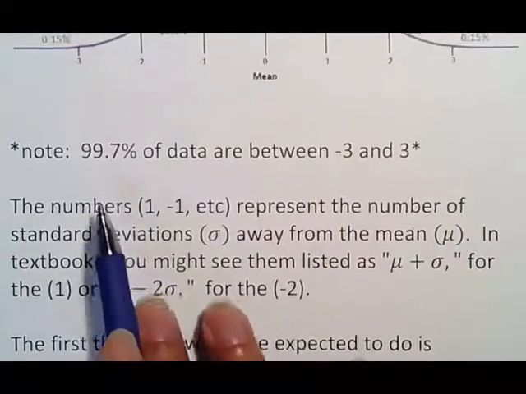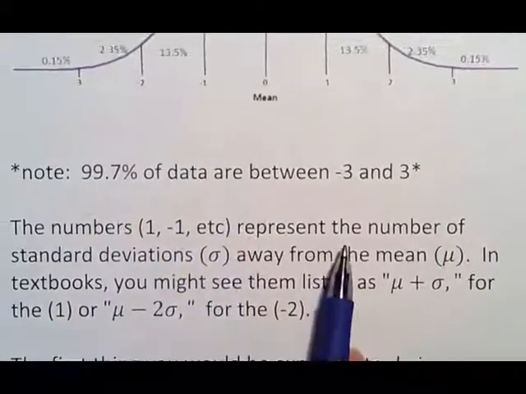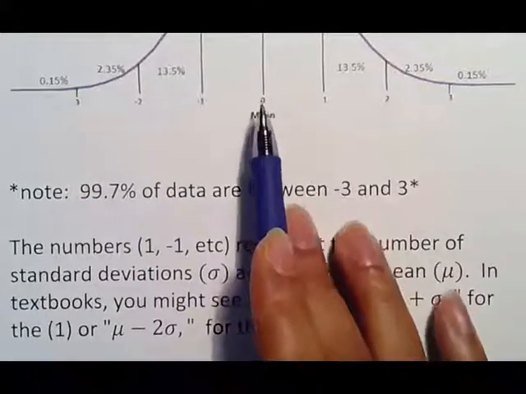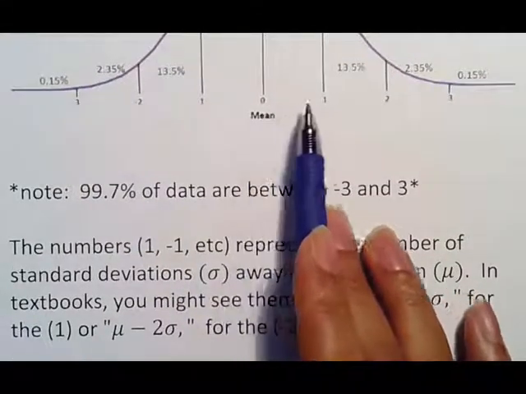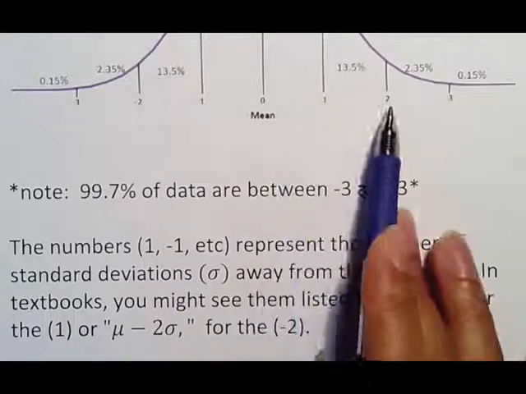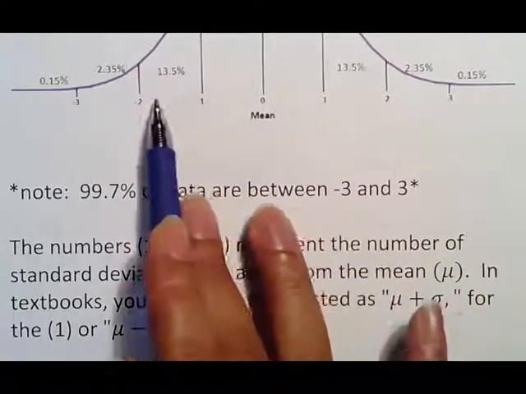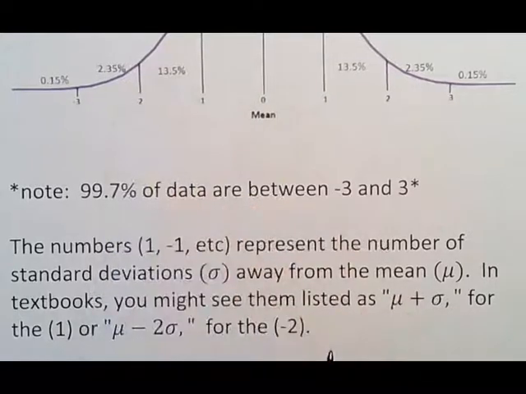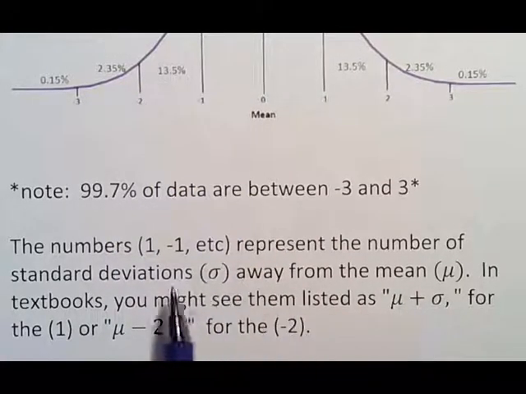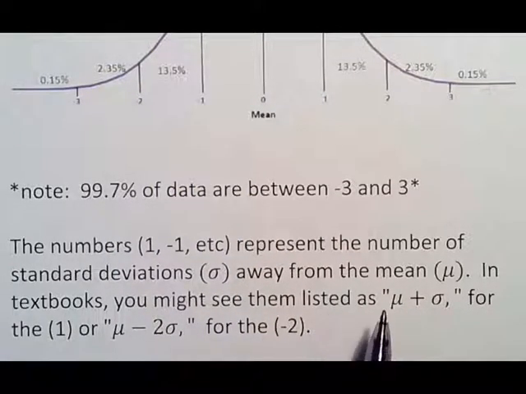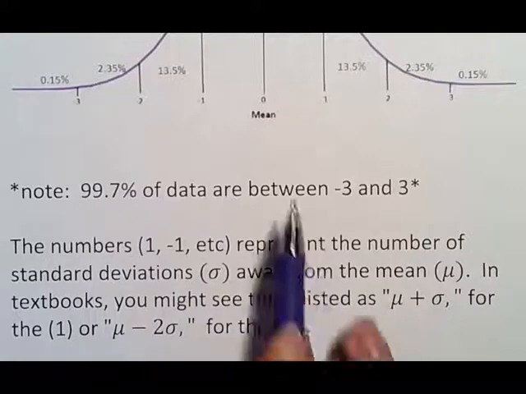The numbers 1, -1, and so on represent the number of standard deviations away. So this would be your mean, and so this would be 1 standard deviation, 2 standard deviations, 3 standard deviations, because remember, you're basing everything off of the mean. In textbooks, you might see them listed as this, which is a symbol for mean now, because remember, that's your expected value, but if it's the whole population, the expected value is your mean.